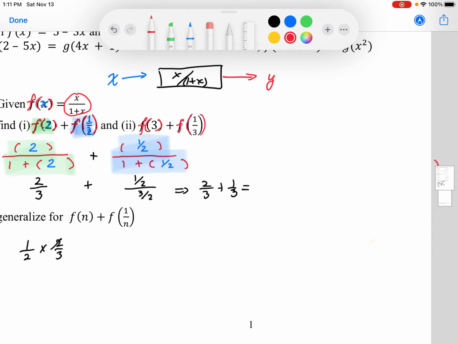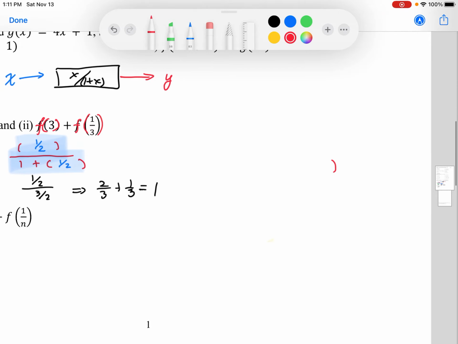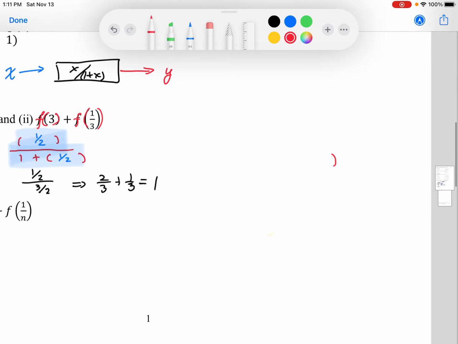So I'm just going to do it over here, to the right-hand side. It should be equal to 1 here. So again, we're going to start with the function f, which is the input over 1 plus the input, plus the function f of 1/3.